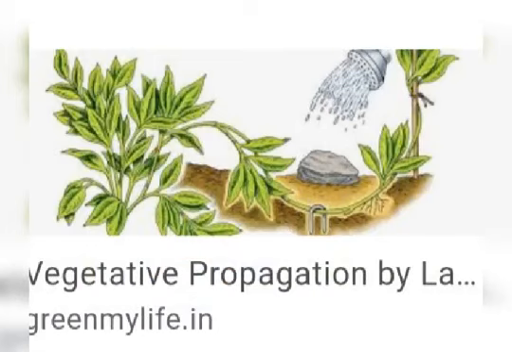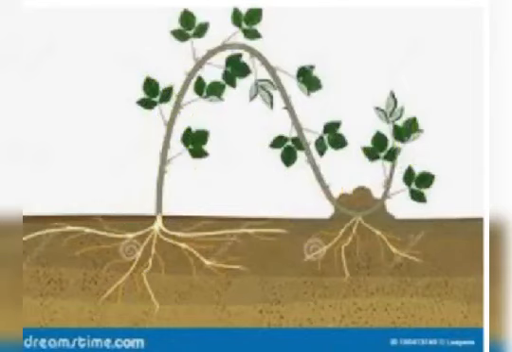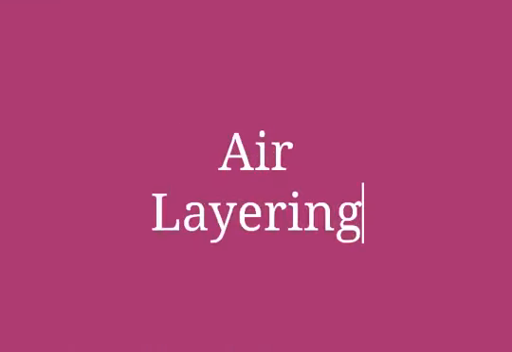And the branch which is tied out of the bag grows into a new plant. We call it air layering. So these are the 2 types of layering. What are the 3 basic things we learned in the conventional method? Cutting, grafting, and layering.